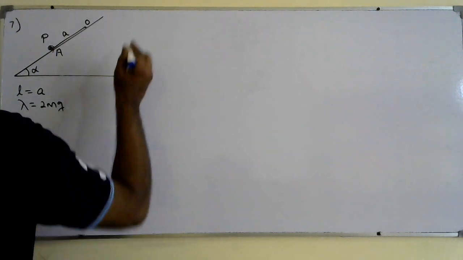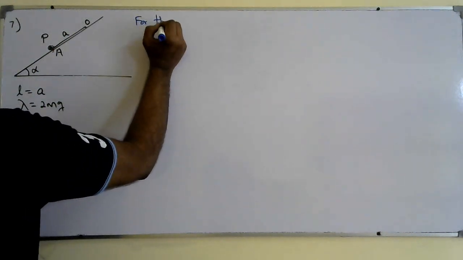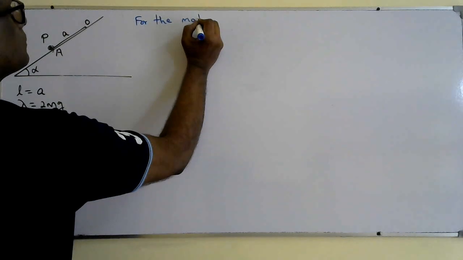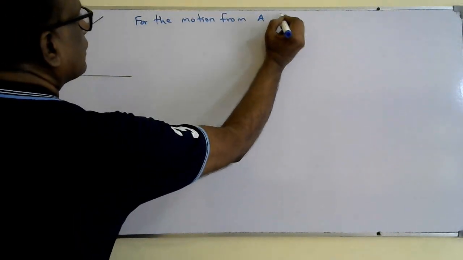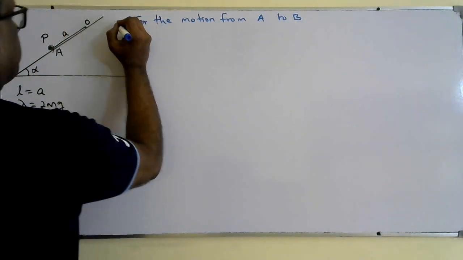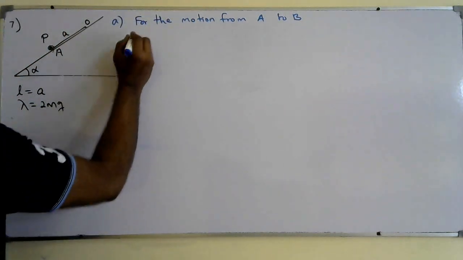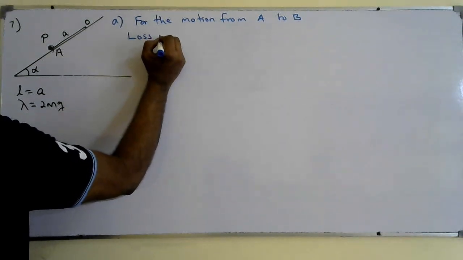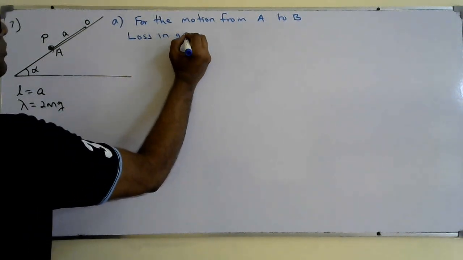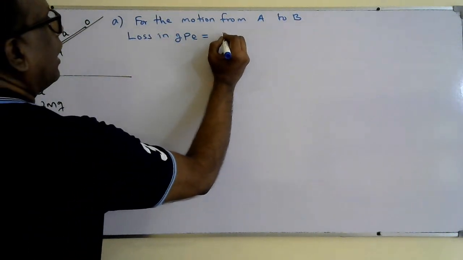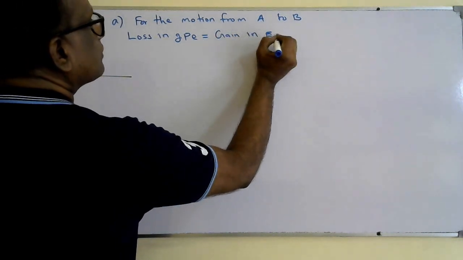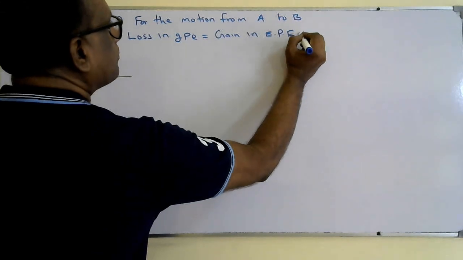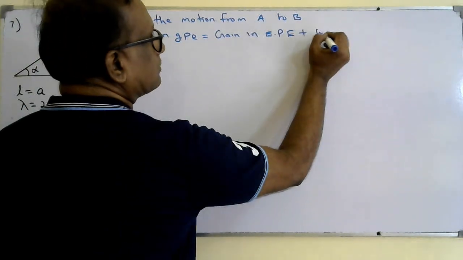So for the motion from A to B, first method, loss in gravitational potential energy equals gain in elastic potential energy plus work done against friction.